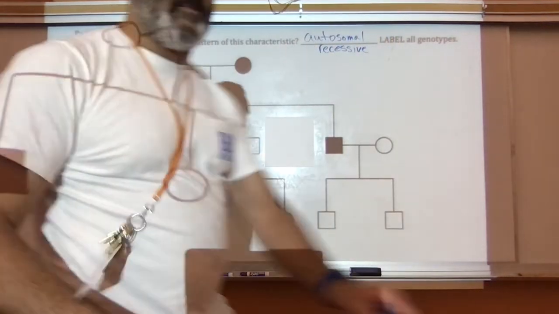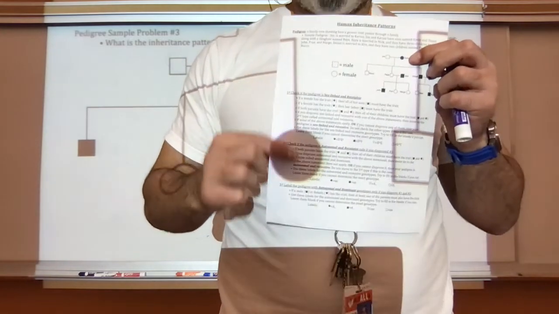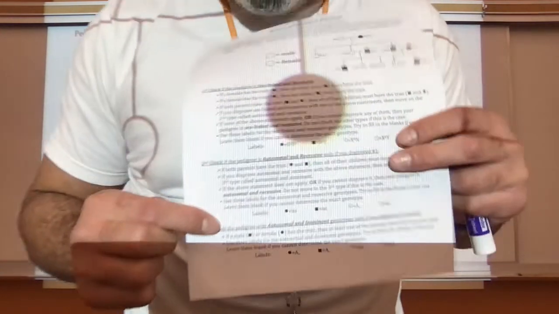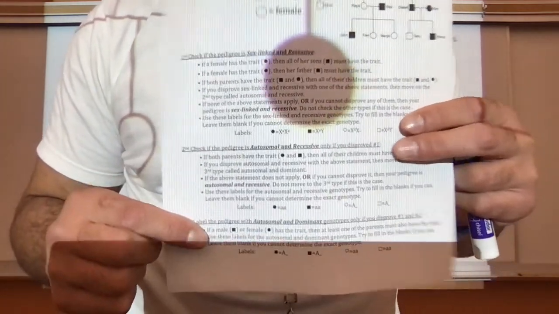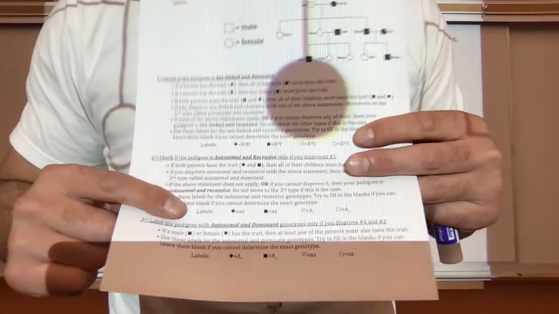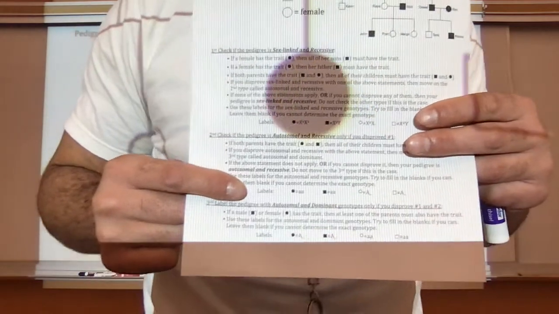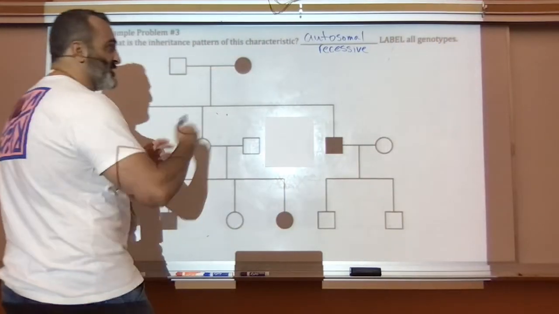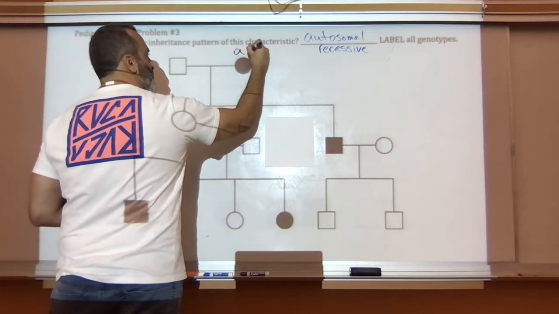All I'm doing is I'm taking the information, okay, right down here, right here. I'm labeling the labels that are on your paper. Okay, right there. See them right there? My finger's pointing at them. Those are the labels I am labeling on this pedigree. So if it's recessive and not sex-linked, this is what we would have.